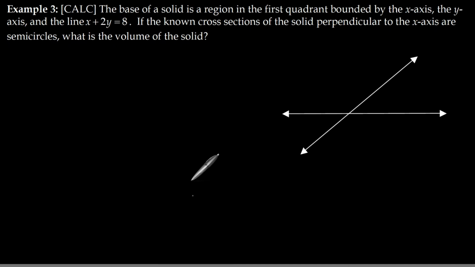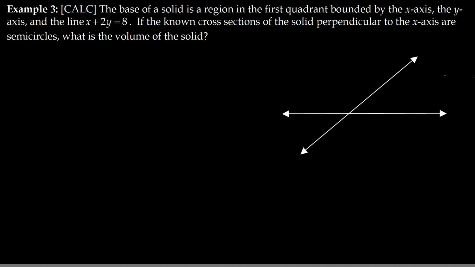All right, example 3. We have the base of a solid in a region. The region is in the first quadrant, bounded by the x-axis, the y-axis, and the line x plus 2y equals 8. So maybe we need to solve this for y so that we can figure out what this line looks like. We'll put it in slope-intercept form so that we can easily graph it.